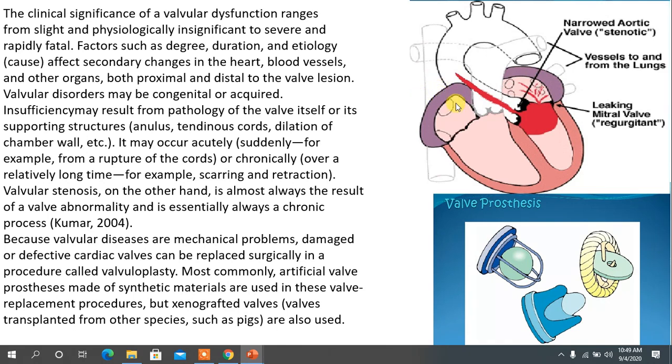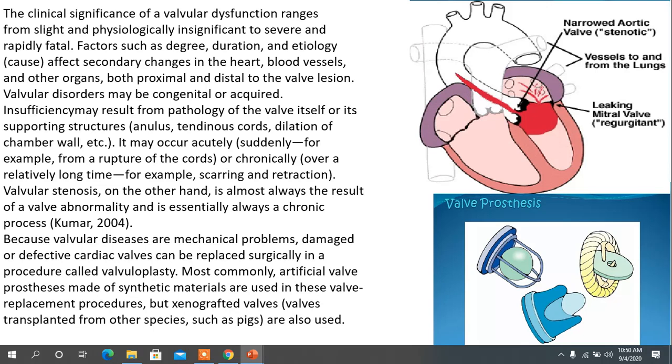Insufficiency itself may be in the valve or in the supporting structures, the heart muscles, chordae tendineae and papillary muscles. It can be acute, suddenly due to damage to the heart muscles and chordae tendineae, or it may be chronic.